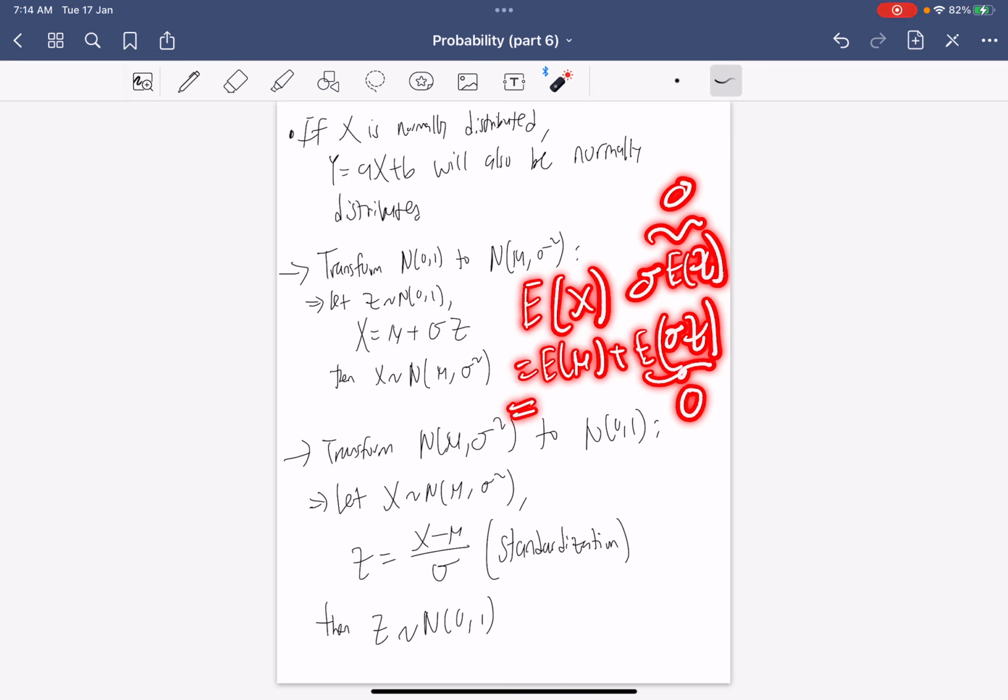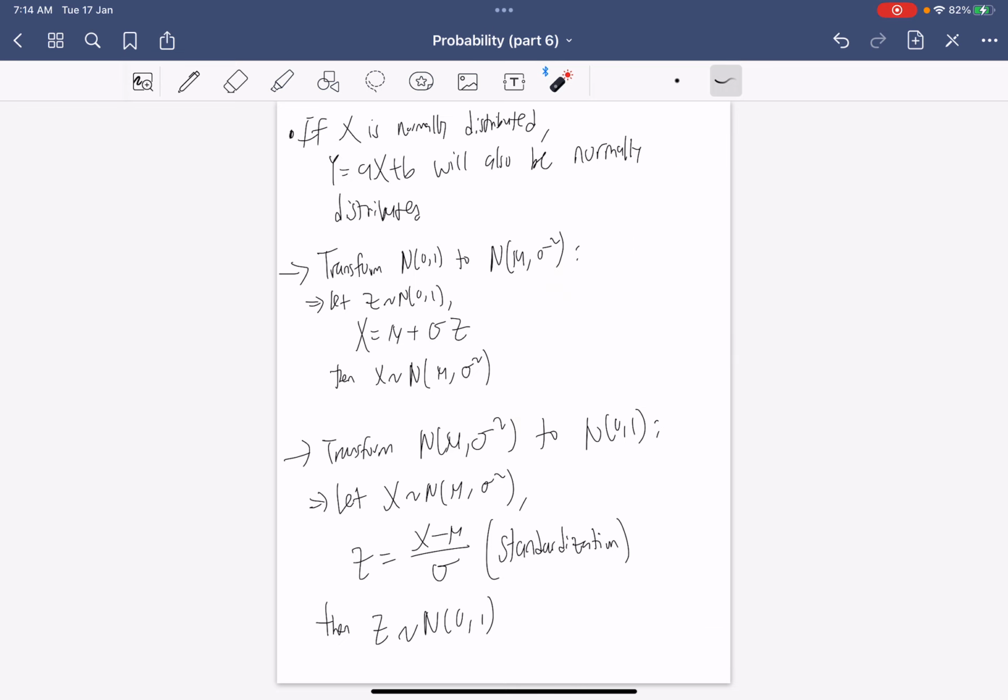What you're left with is the expectation of mu, which is just mu. So the expectation of x equals mu. You can likewise show that the variance of x is sigma squared. With the expectation and variance, you are able to say x now follows a normal with whatever mu you want.